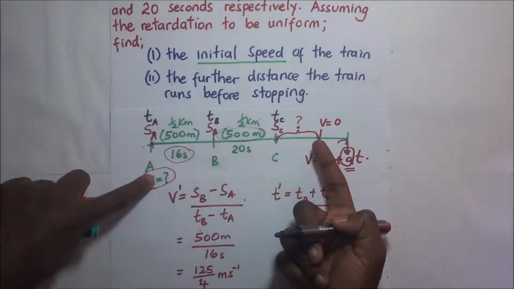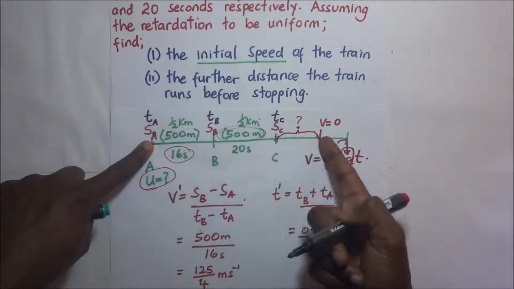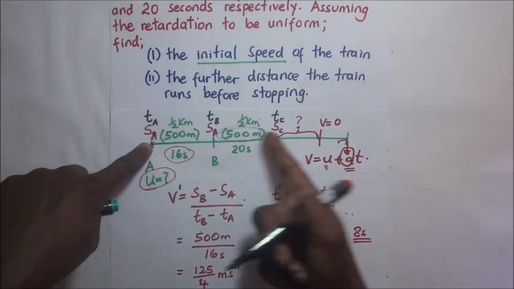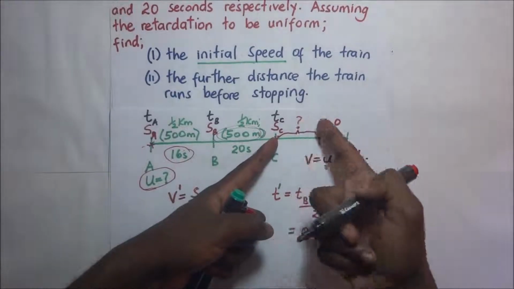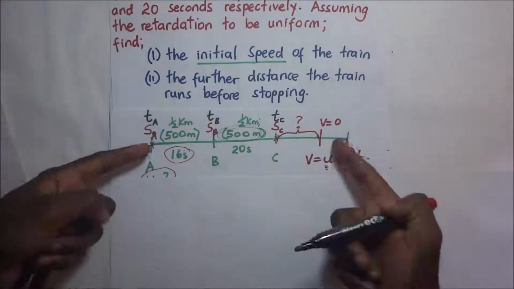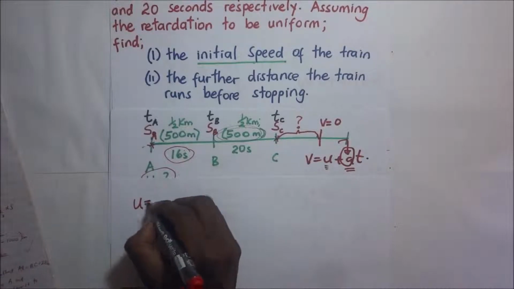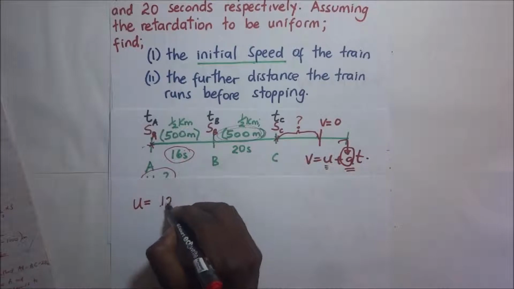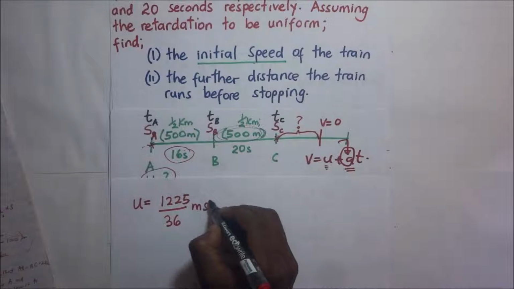So we need to find the whole of this distance. We have the initial velocity, we have the final velocity being 0, then we have the deceleration. When we get the whole distance, we subtract from it this distance, so that we get the further distance it has to travel before it comes to rest. Looking at our diagram, from our earlier calculations, our initial velocity u when the train started moving is 1,225/36 meters per second.